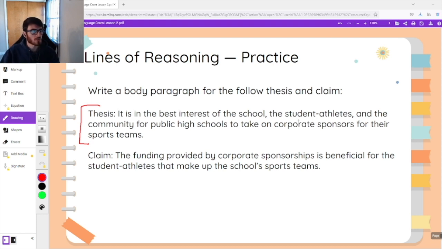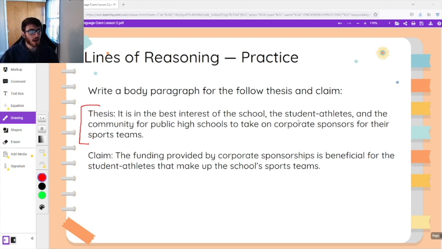You want to make sure that your body paragraph clearly states the claim. You want to make sure it has sufficient evidence to support the claim. You want to make sure it has sufficient commentary that explains how the evidence supports the claim and how the claim supports the thesis.